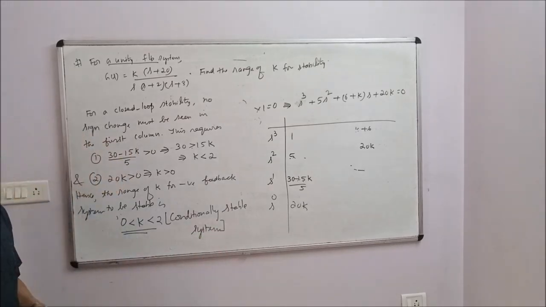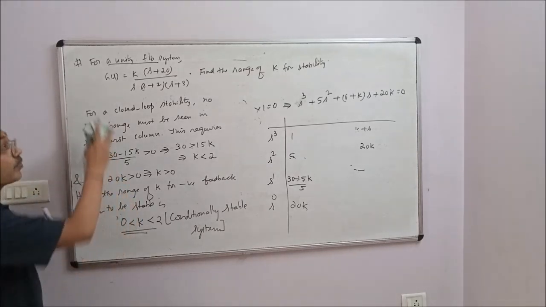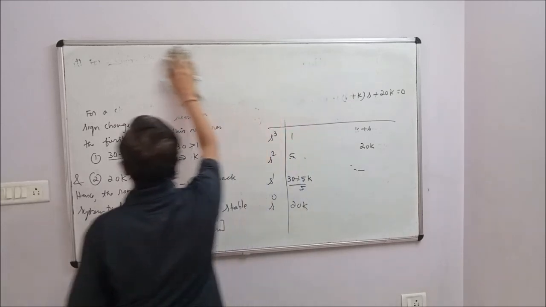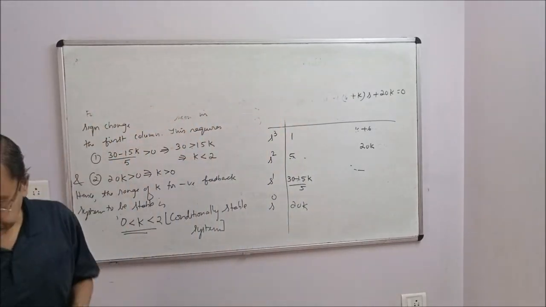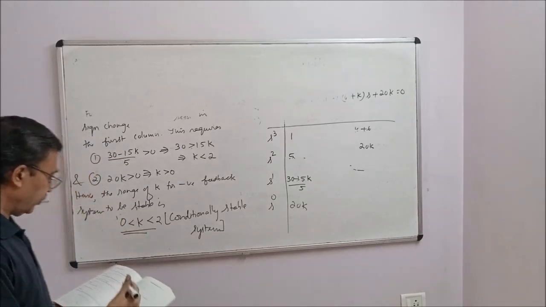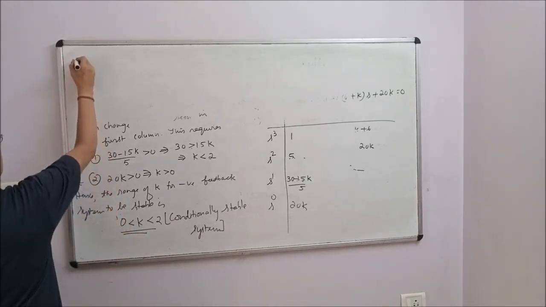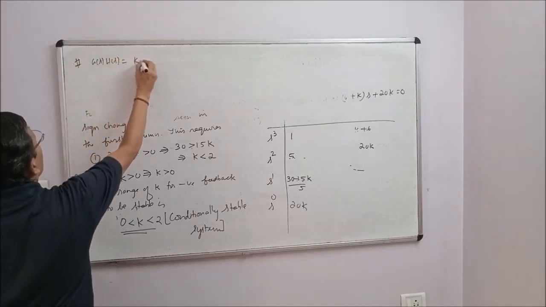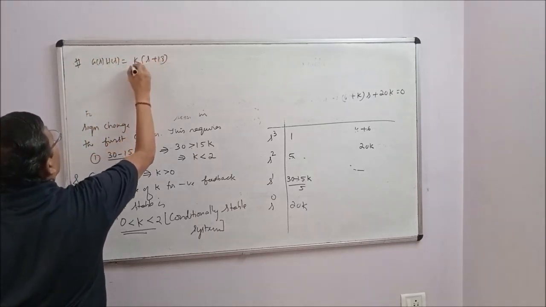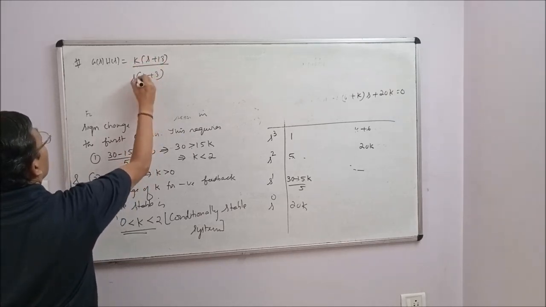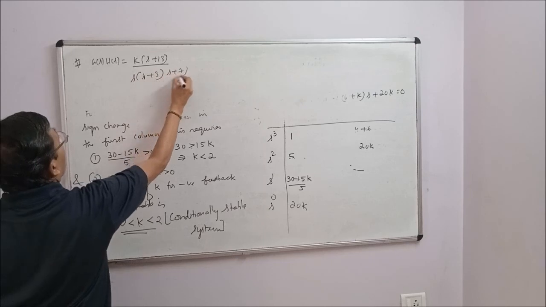Conditionally stable system. One problem I'll give you as homework. Please try this out. The problem is G of S H of S is equal to K into (S plus 13) divided by S into (S plus 3) into (S plus 7).